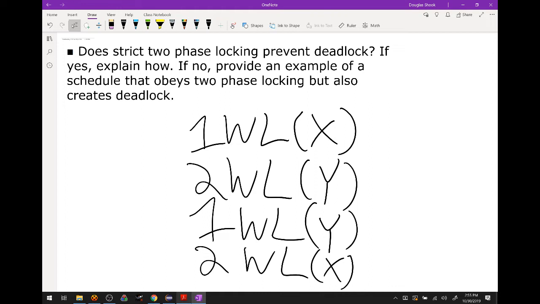That subtle change has a significant effect on the execution, because if I am acquiring locks within the transaction, there's a chance that that transaction is going to have to abort, possibly due to deadlock. Conservative two-phase locking greatly reduces the risk of deadlock, because if I can't acquire these locks, I'm not even going to start the transaction. It's trying to avoid those transactions being aborted due to reasons such as deadlock.